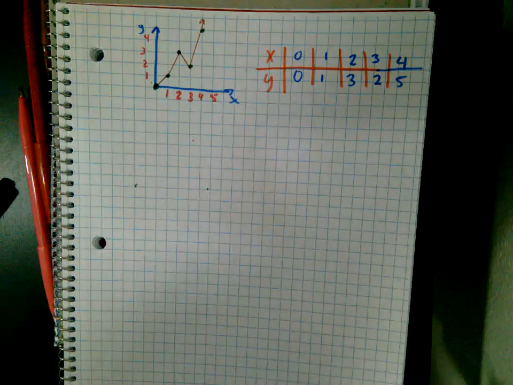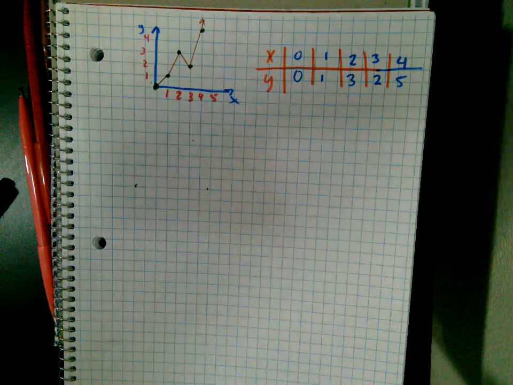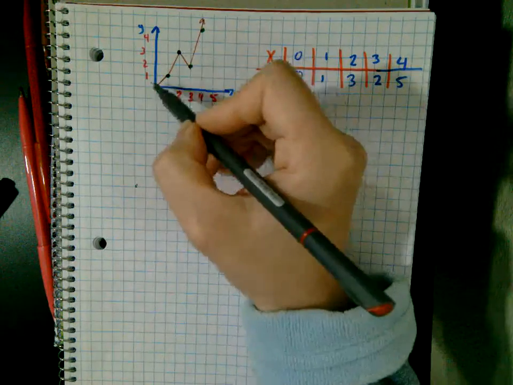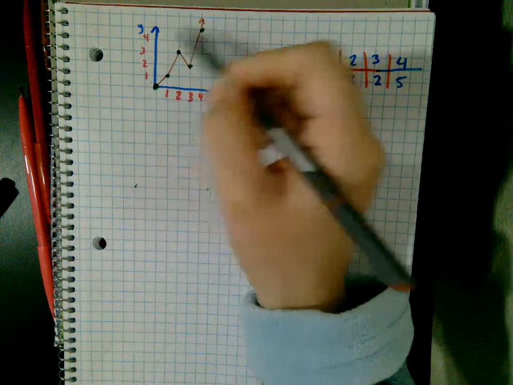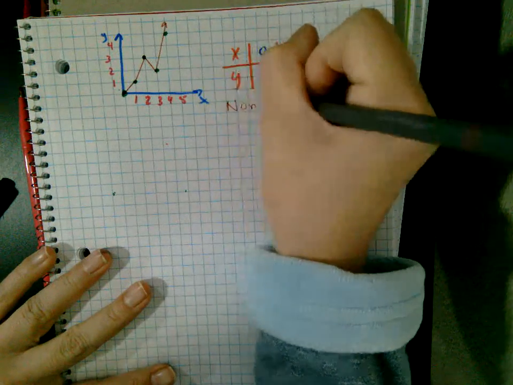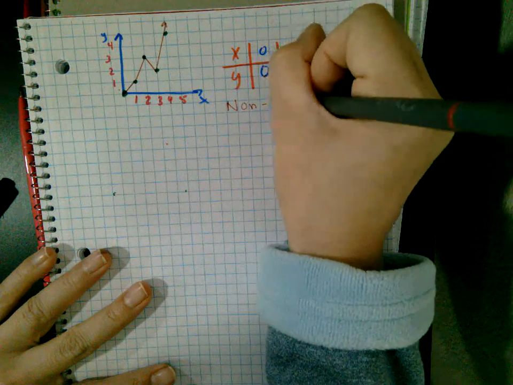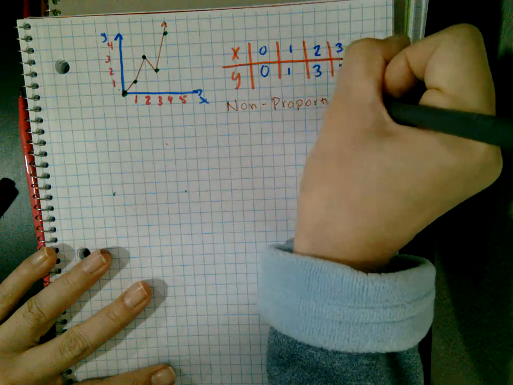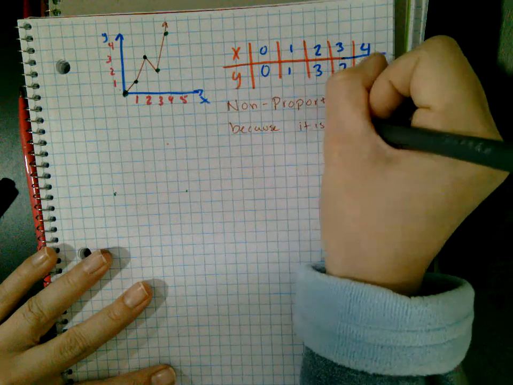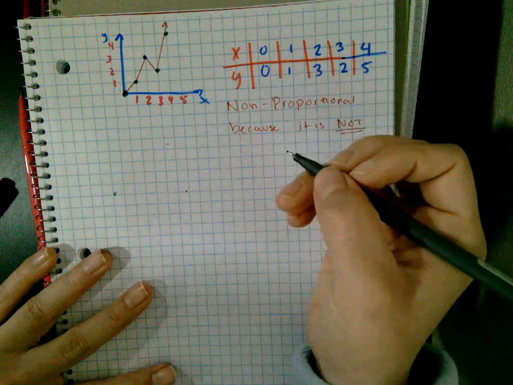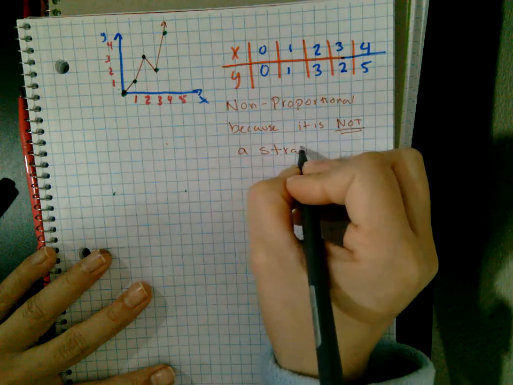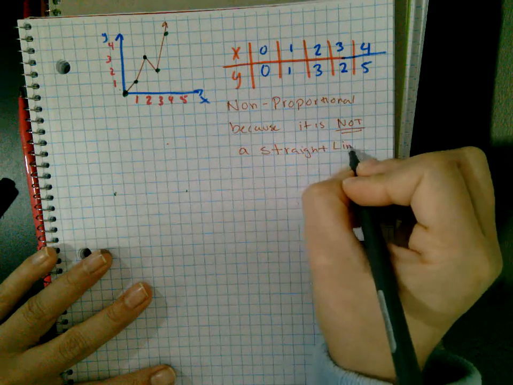All right. But then your celebration turns into a sad face because right here, it's not a straight line, right? It goes all over the place. So this is not proportional, or non-proportional, because it is not a straight line.